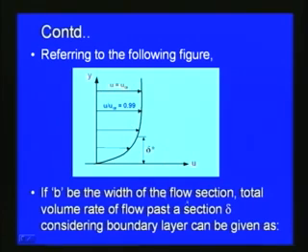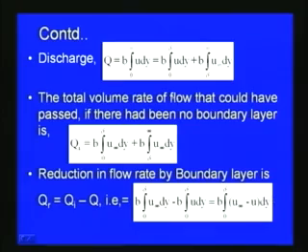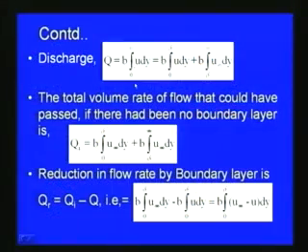If b is the width of the flow section and there is a total volume rate of flow past a section delta, which we consider as the boundary layer thickness, then with respect to this figure we can write the discharge as Q equal to b into integral 0 to infinity u dy, which we can write as b into integral 0 to delta u dy plus b into integral delta to infinity u infinity dy. This will be the discharge over the flat plate which we consider.